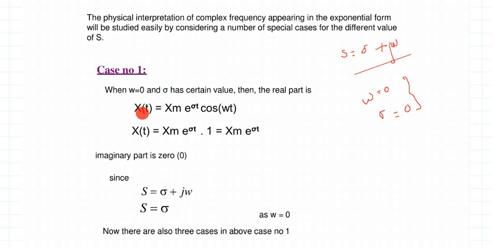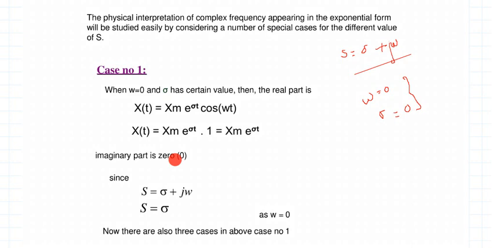So x(t) has only the real part now, in which cos of 0 is 1. What remained is only x(t) equal to Xm e raised to sigma t, the real part, whereas the imaginary part is 0.